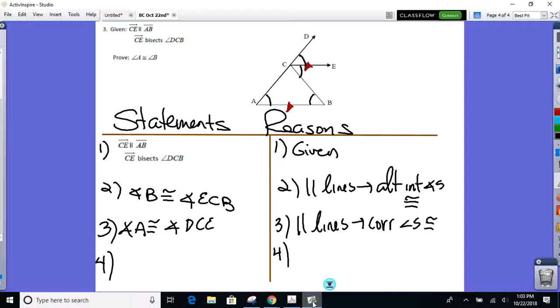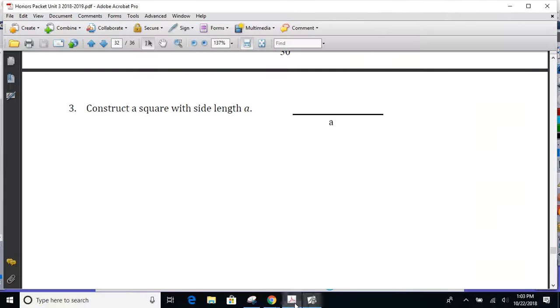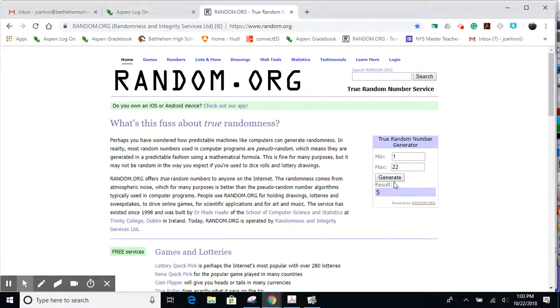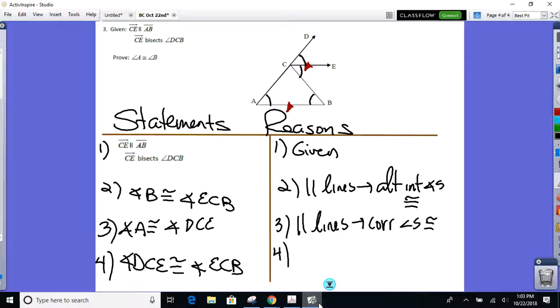What two angles are going to be congruent? Good. DCE congruent to ECB. Good reason why? 9. Good reason why? There we go.